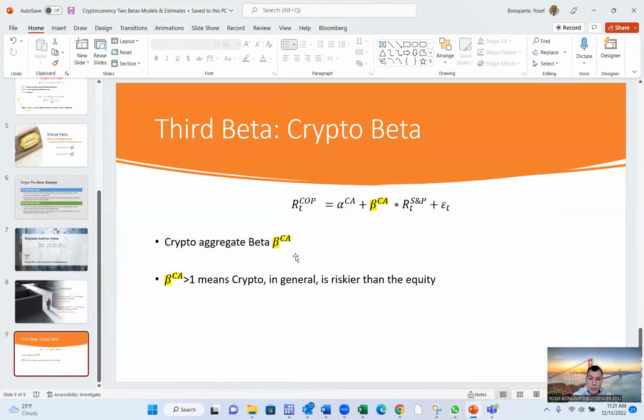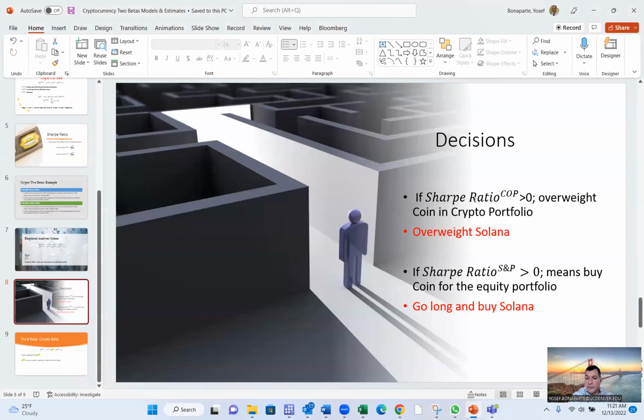Once you calculate those, you can make a decision whether to overweight the coin you're interested in for the S&P portfolio, and overweight or underweight COP based on the crypto overall portfolio. If the Sharpe ratio is below 0, then underweight Solana. So let's go short Solana. If this is below 0, that means don't buy Solana, or underweight Solana if it's in your portfolio.